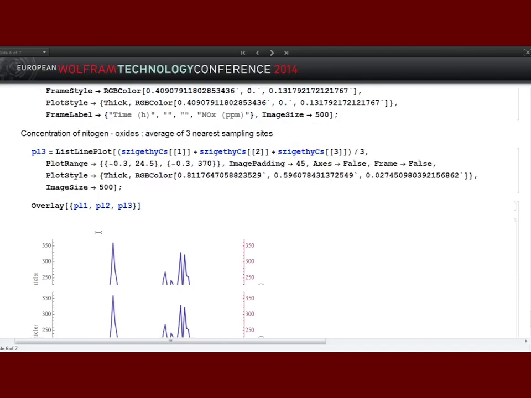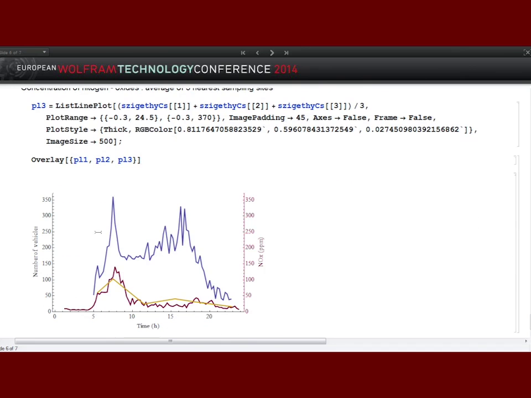And we can put together the traffic data with the container data, and the golden one is our field measurement data. So they are quite synchronized. We have the morning traffic peak here.